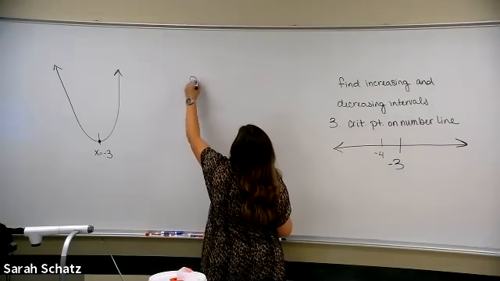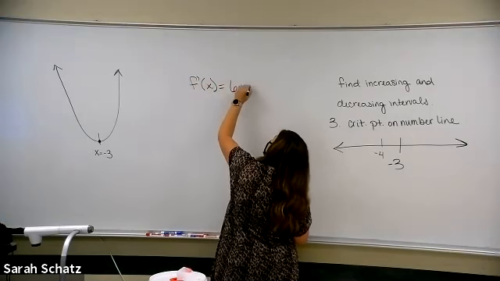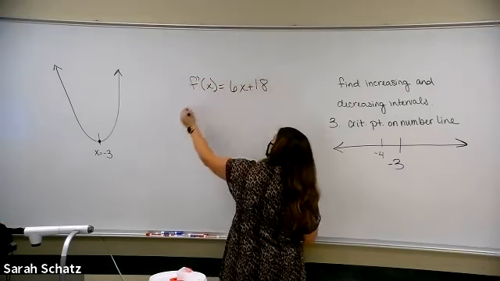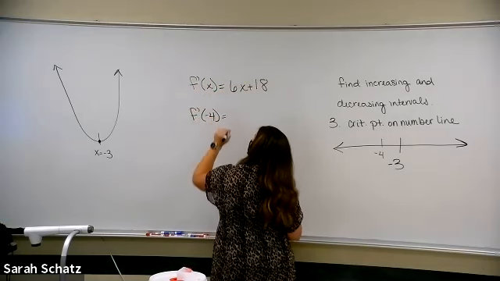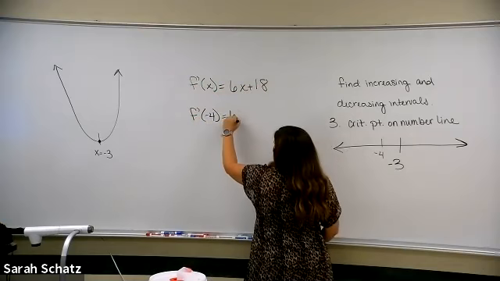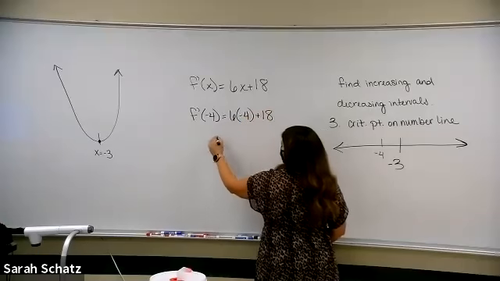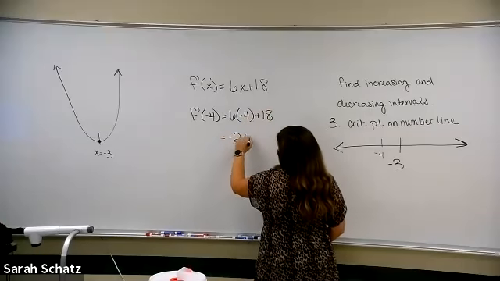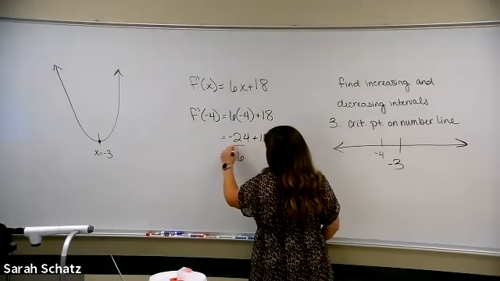So let's remember what your derivative was for this function. It was 6x plus 18. So I test -4 in the derivative. I get 6 times -4 plus 18. That's -24 plus 18. I get -6.